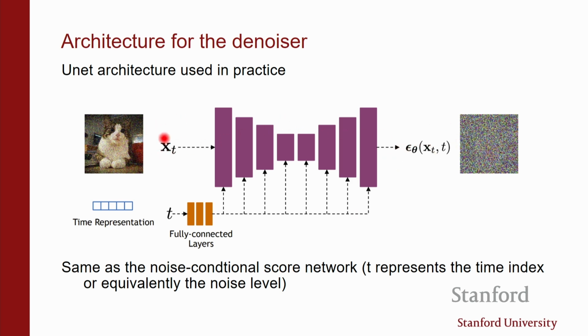It takes the noisy image xt and t, which is encoded somehow, and those are both inputs to the network that are then used to predict the noise. That's the same as the noise conditional score network, where you take xt and sigma or t, and use it to predict the noise.